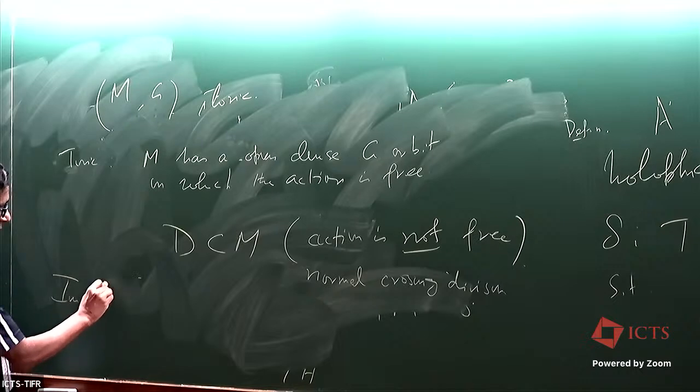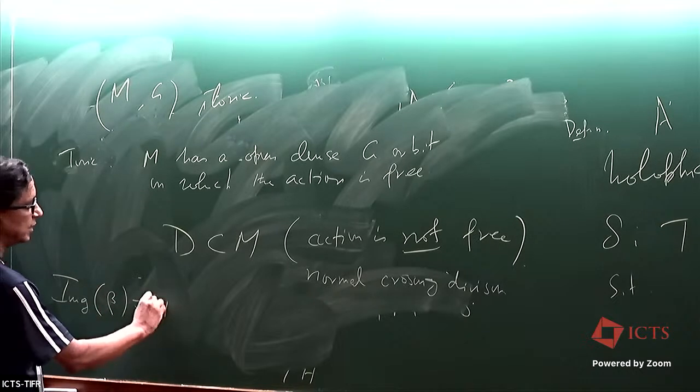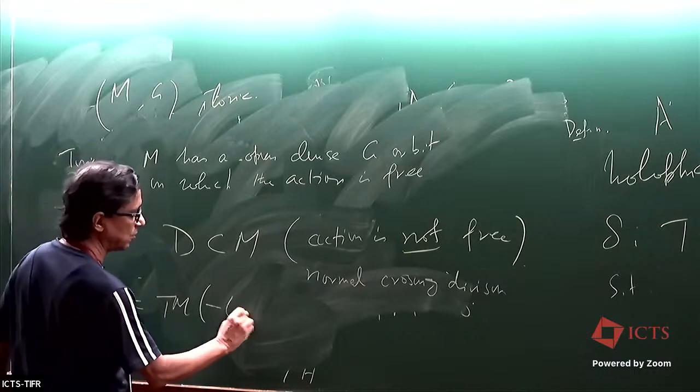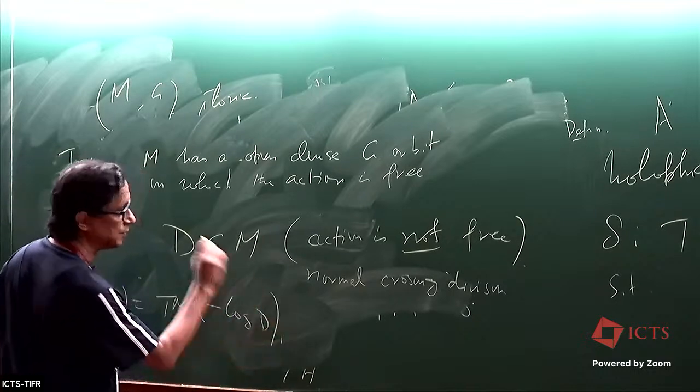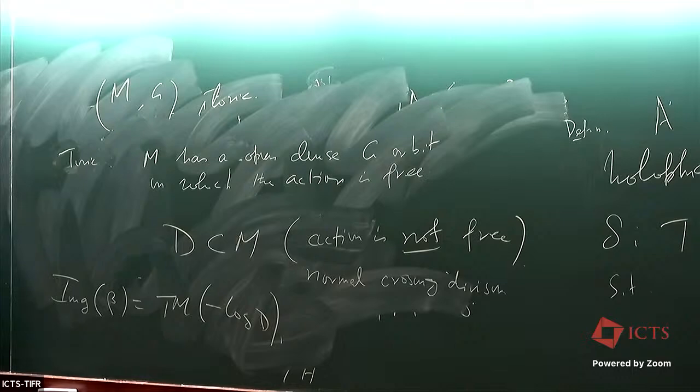In that case, the image of this map beta is T_M minus log D.